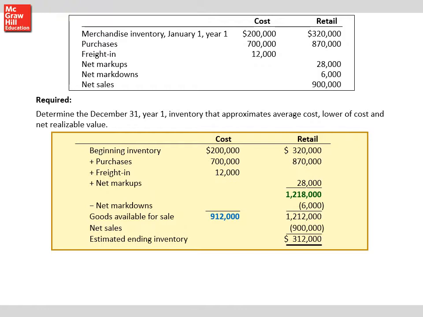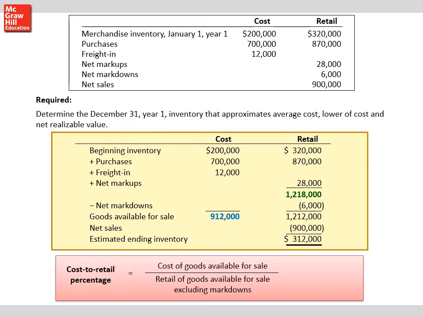But we don't report inventory at what we could sell it at. We report it at what it originally cost us. So we need to multiply it by some cost to retail ratio. The way we determine our cost to retail ratio is different. Under this method, you take your cost of goods available for sale, the cost column, 912, and divide it by your retail inventory total before subtracting markdowns.